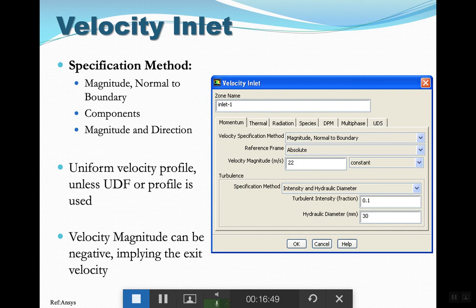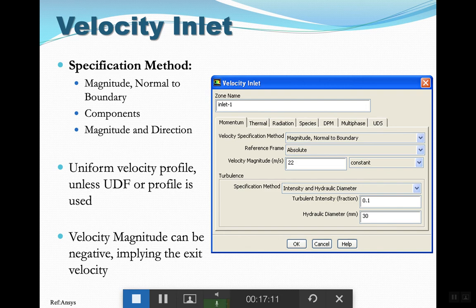Now, you can provide uniform velocity, so you can provide constant velocity. You can provide a file which is basically the coordinates of different points at your inlet with associated velocities. This is mostly useful for simulating an experiment.